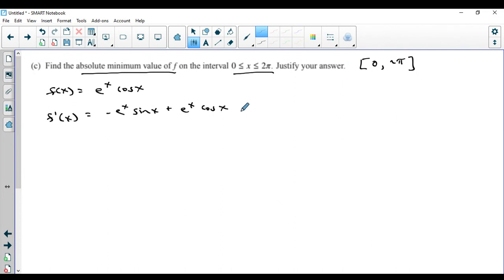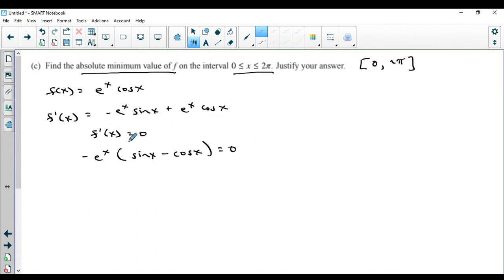Now I have to set that equal to 0 to find my critical points. So f prime of x is set equal to 0. If I was setting this equal to 0, I would pull out the e to the x, and I'd probably pull out a negative e to the x, although you don't need to. And so now I would get sine x minus cosine x equals 0.